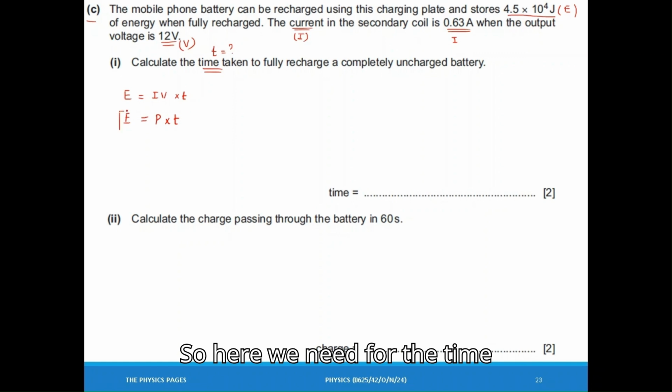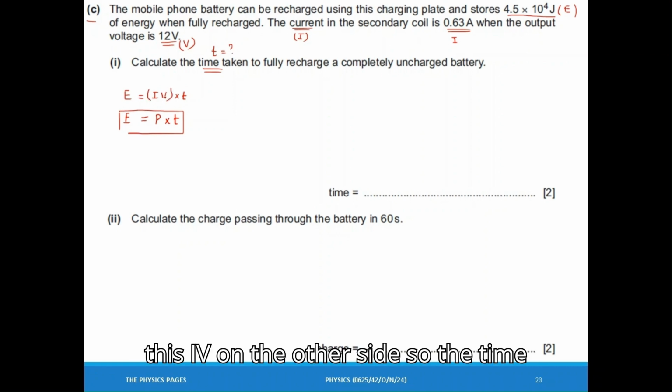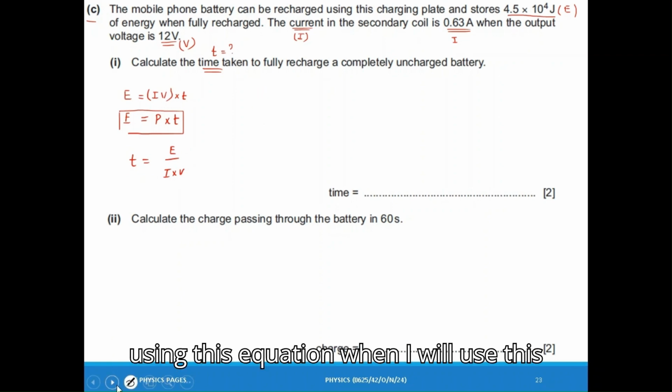So here we need the time, so we can just rearrange this, moving IV to the other side. So the time will be energy over I times V. I am using this equation.